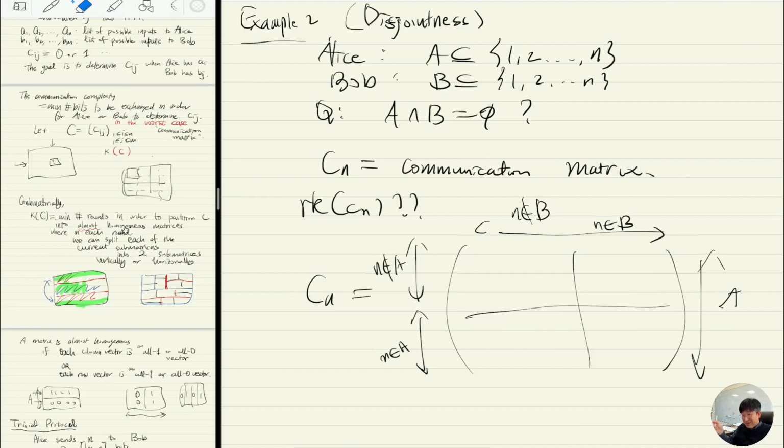So A intersection B is not empty, which means the answer is 0, false. And what are the other submatrices? In these three cases, the problem actually reduces to the problem of the n minus 1 situation, because the element n doesn't matter when only one of the sets contains n.